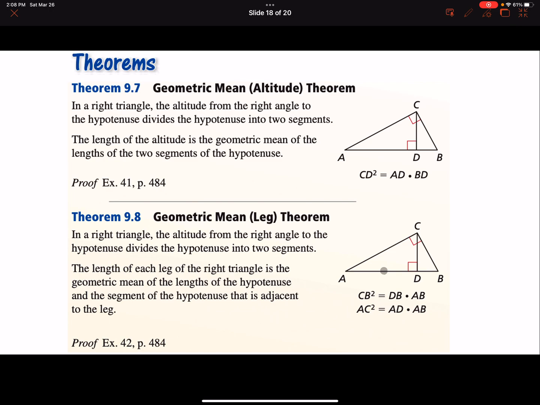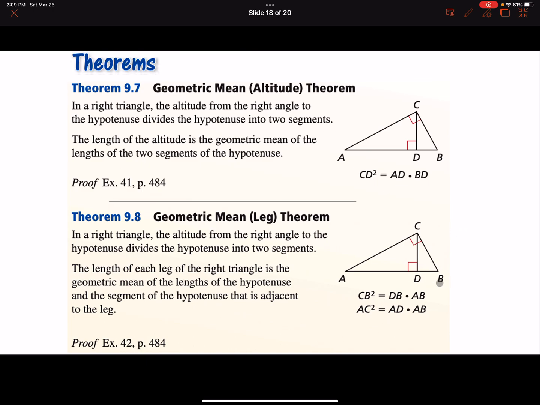In the bottom, if I take the adjacent side of one of these two legs and I multiply it by the whole hypotenuse, then I'm finding the geometric mean of one of these two legs. It just depends on whether I'm looking for AC or CB. If I'm looking for AC, then I multiply the hypotenuse times AD, because AD is adjacent to AC.